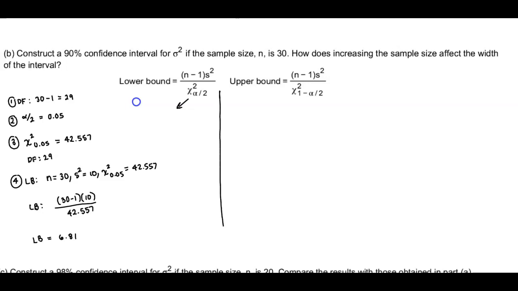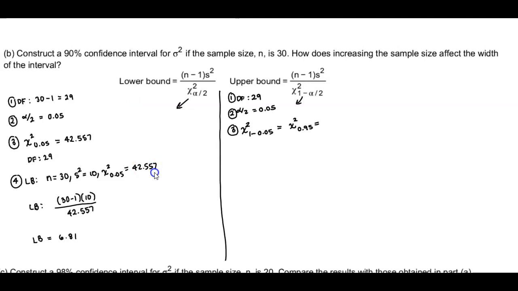Okay, now let's go ahead and find the upper bound. So again, we know that our degrees of freedom is 29. We also know that alpha divided by 2 is 0.05. And so now we want to find this critical value. And this critical value is taking 1 and then subtracting 0.05, which gives us the critical value of the area of 0.95.